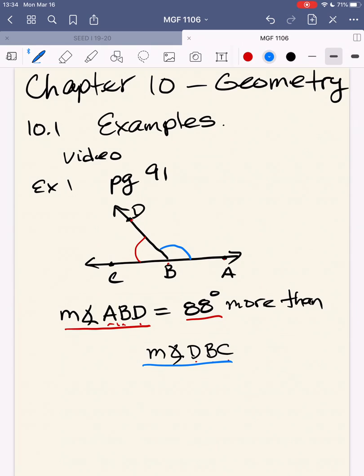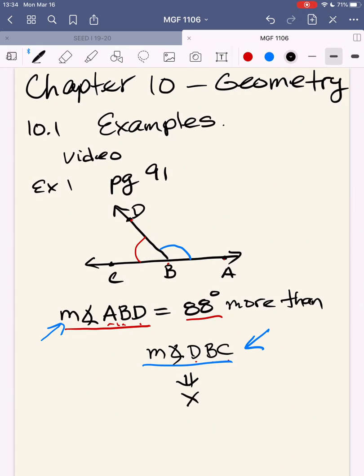I know something about this angle, but nothing about this angle, so for DBC, I'm going to call it a variable and just pick X. So this angle is X degrees.